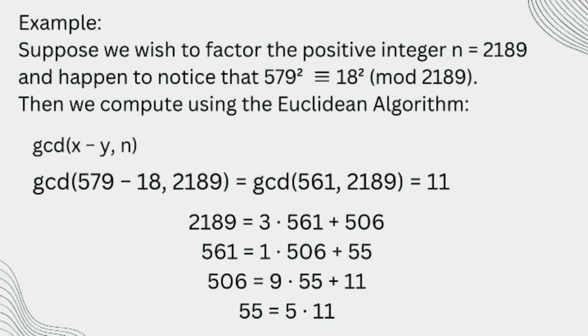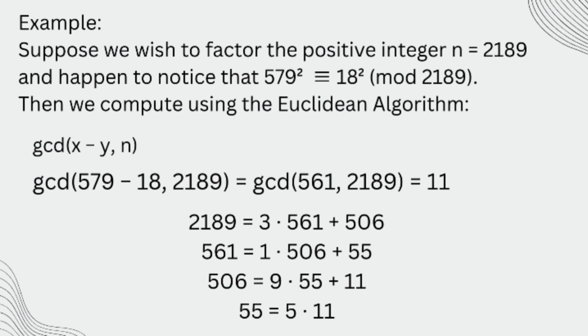2,189 divided by 561 is equal to 3, and ang remainder is 506. Then 561 divided by 506 is 1, and the remainder is 55. Then 506 divided by 55 is equal to 9, the remainder is 11, and then 55 divided by 11 is 5.